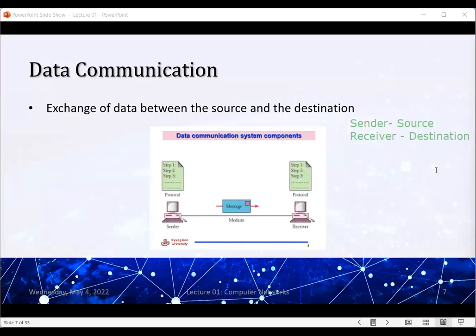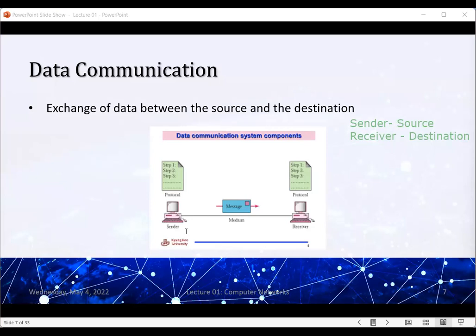Now, this represents data communication, meaning sharing data between the source and the destination. According to this diagram, it represents how any communication can happen.